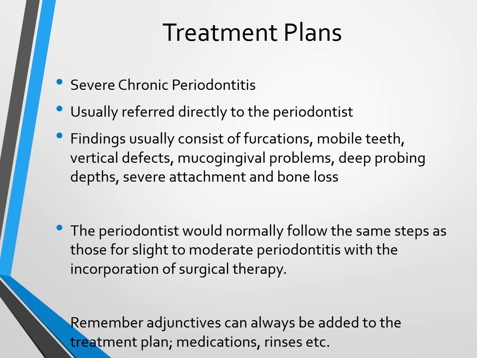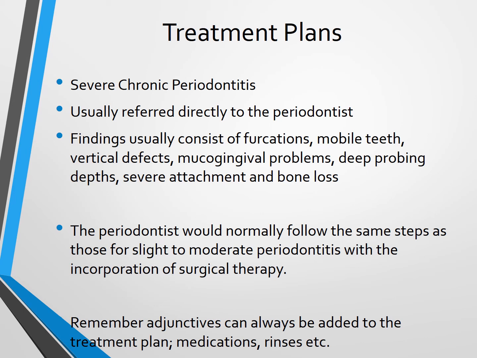Treatment plans that have a diagnosis of severe chronic periodontitis are usually referred directly to the periodontist. The findings usually consist of furcations, mobile teeth, vertical defects, mucogingival problems, deep probing depths, and severe attachment and bone loss.